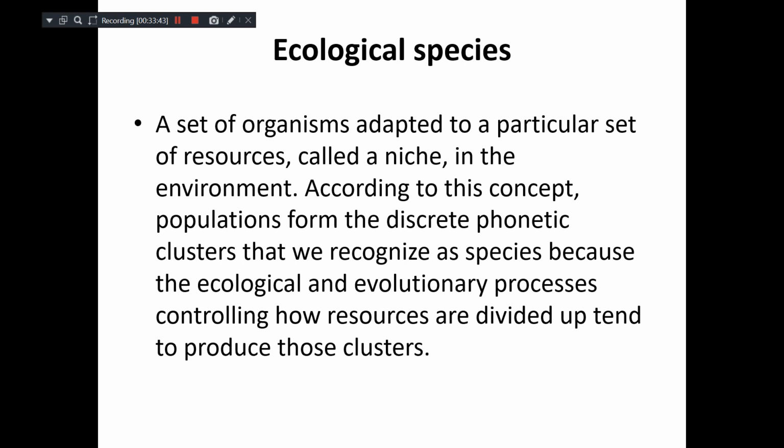An ecologist will classify the species based on their niche, where we recognize a species because ecological and evolutionary processes control how the resources are being utilized by a population, how the resources are being divided up, thus producing clusters.